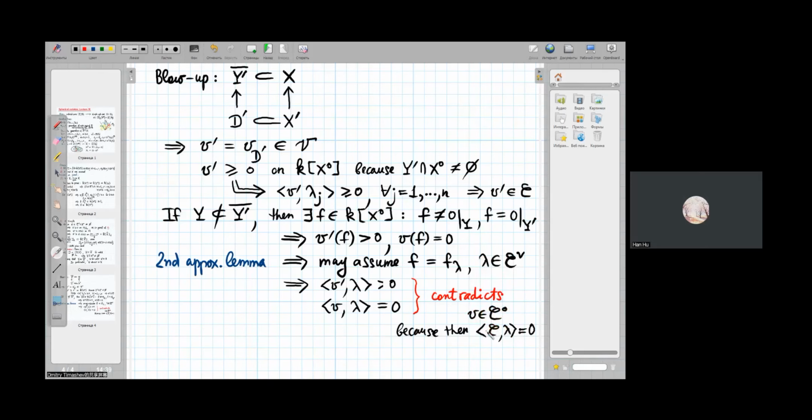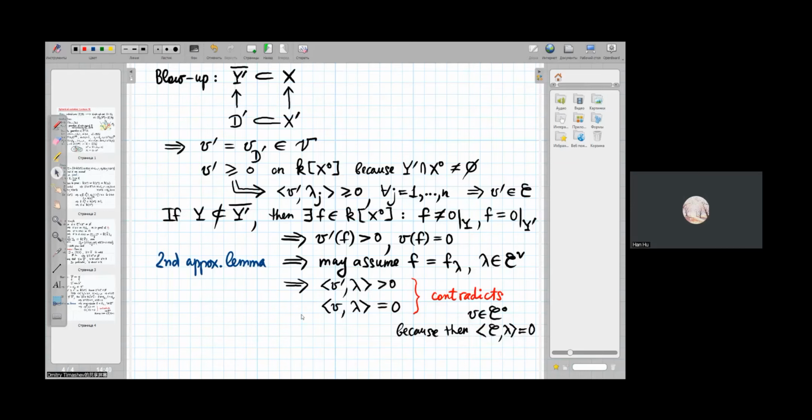And if at least one of the generators takes a positive value on lambda, then the value will be positive on v also. This is the argument. But we proved that the value on v is 0, so the value on any other vector from C should be 0, but the value on this vector is non-zero, and this is a contradiction.